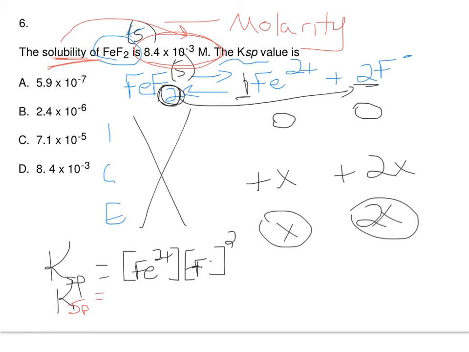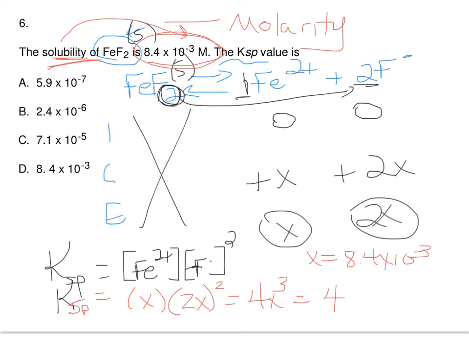Solubility is concentration, or x. So basically what they're telling us here is that x is 8.4 times 10 to the minus 3. So if we plug x into these equations, we get 4x cubed. And you know what x is.